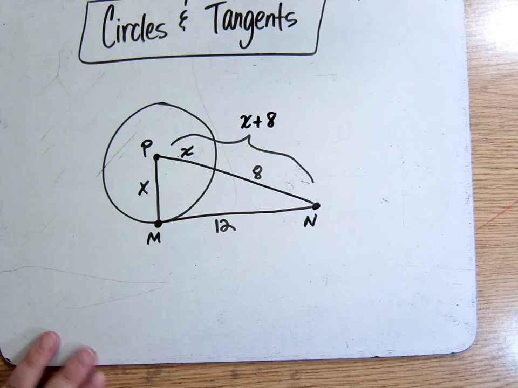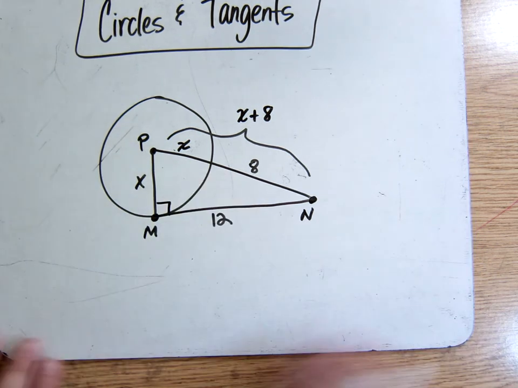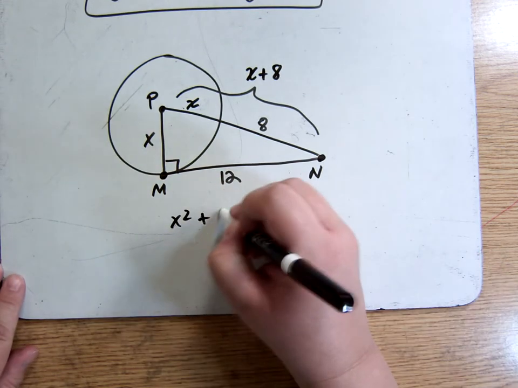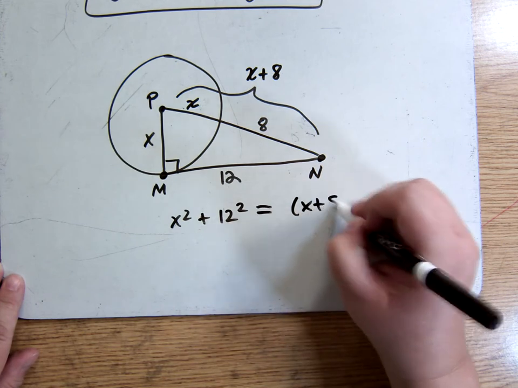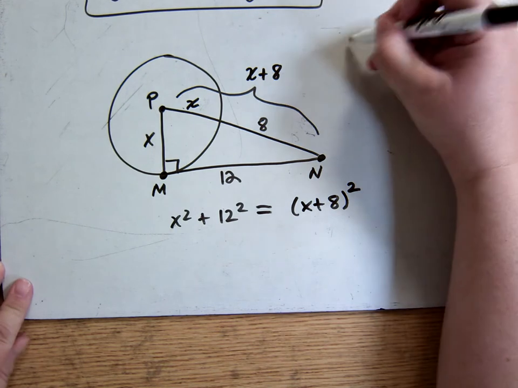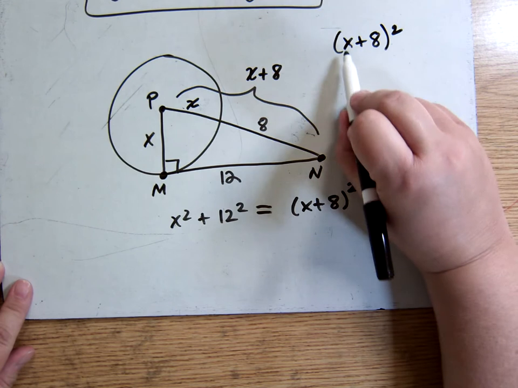So the length of PN, which is the hypotenuse, is x plus 8. So my Pythagorean theorem then becomes x squared plus 12 squared equals x plus 8 quantity squared. This whole thing is squared. Now remember, if you square a binomial, it is not the same as just squaring x plus squaring 8.